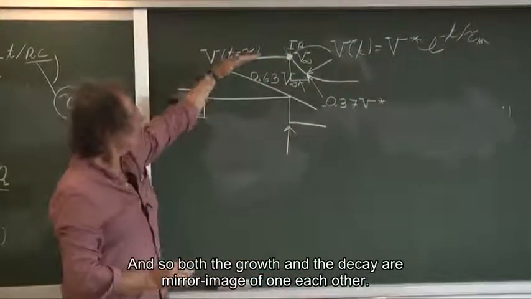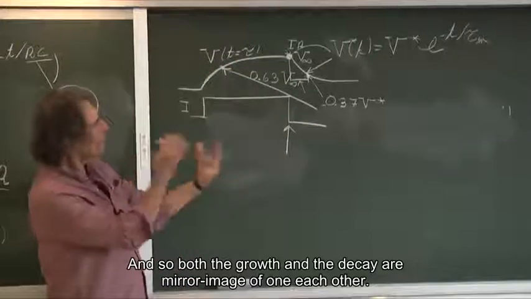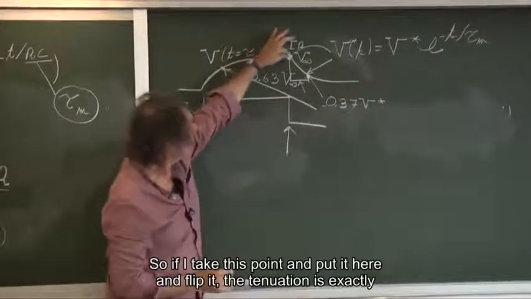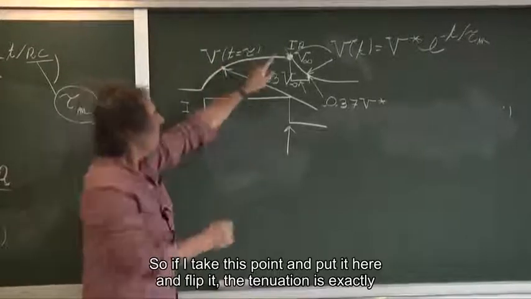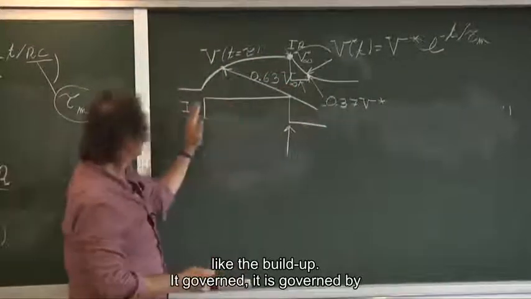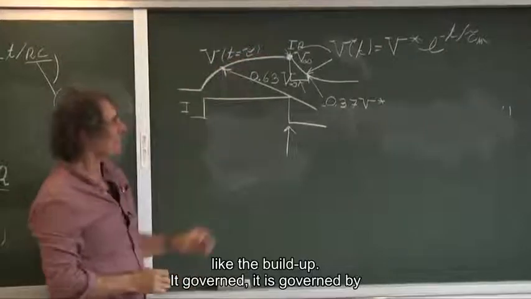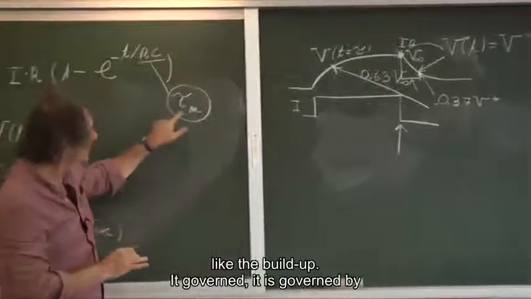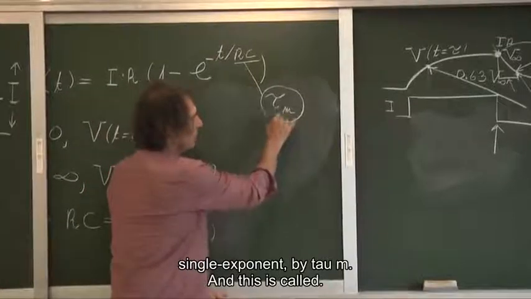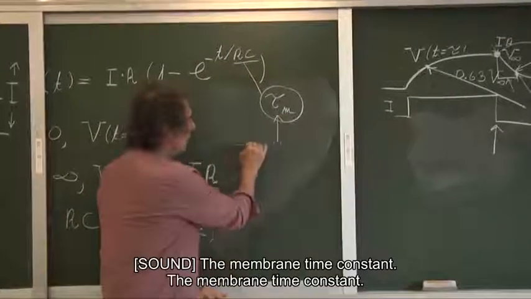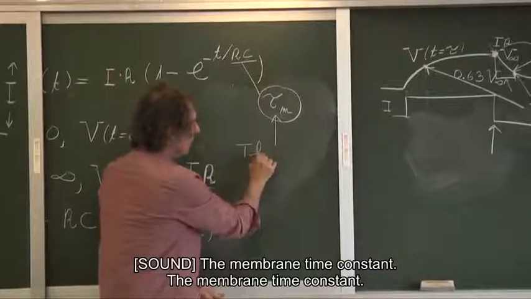And so both the growth and the decay are mirror images of each other. So if I take this point and put it here and flip it, the attenuation is exactly like the buildup. It is governed by a single exponent, by tau m, and this is called the membrane time constant.